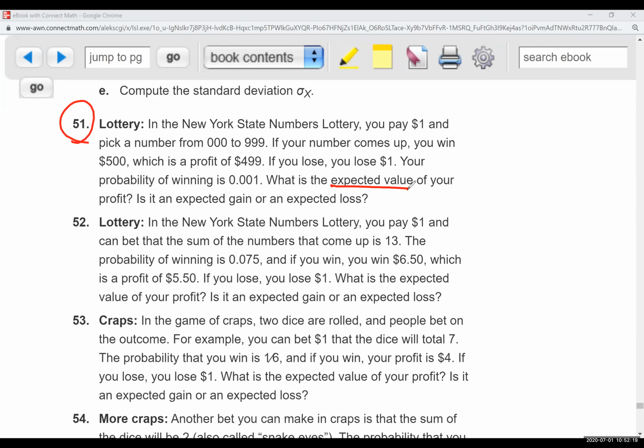Anyone who has an answer for 51? What is the expected value of your profit?